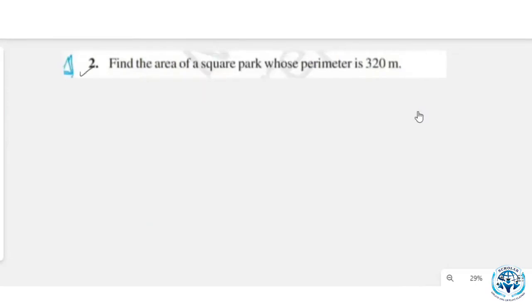Second question is, find the area of a square park whose perimeter is given as 320 meter. Students, you should understand basically what is area and what is perimeter, because these are the basics.